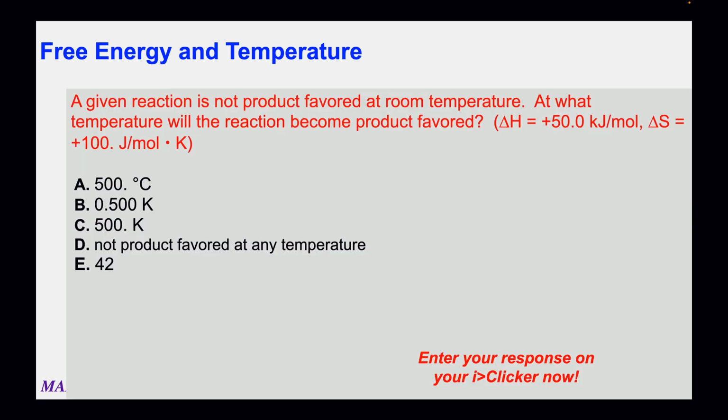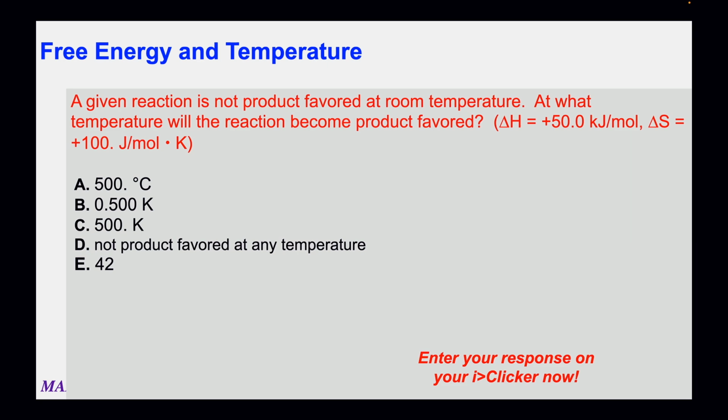Here's a question. A given reaction is not product favored at room temperature. So what that means is delta G is going to be a positive number at room temperature. And then it says at what temperature will the reaction become product favored? And there's delta H and delta S. Well, the important part here, once again, is temperature is going to equal delta H divided by delta S, but you have to make sure that you turn delta S into kilojoules to make this happen. And the temperatures come out to be Kelvin.